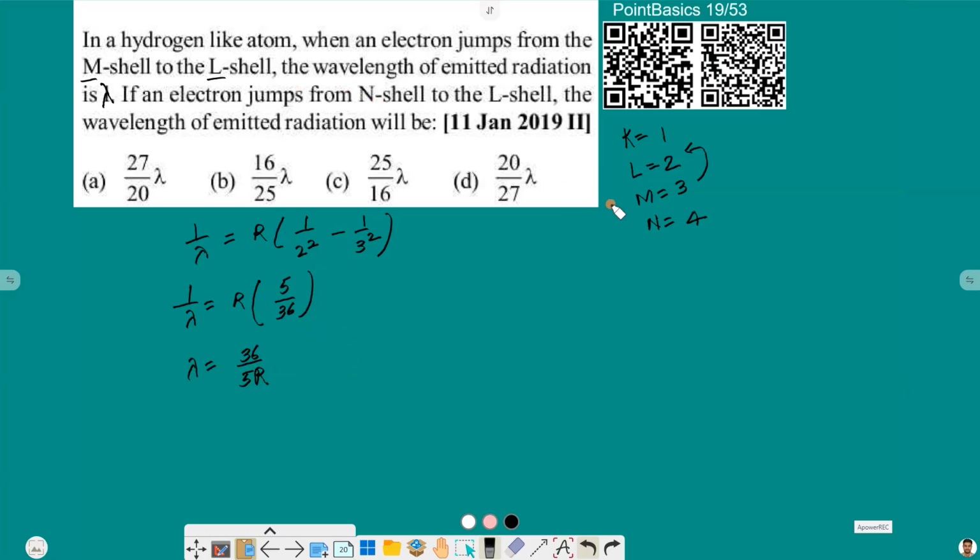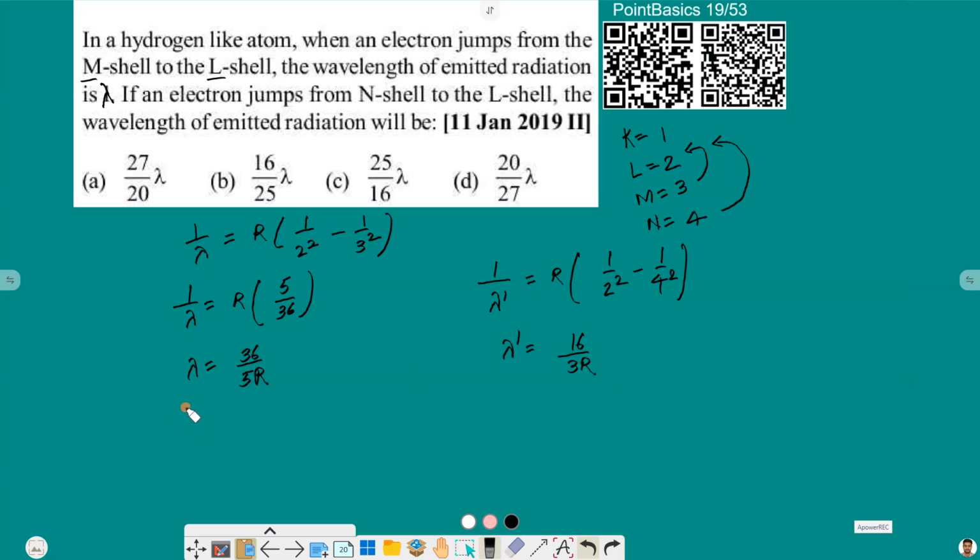Now going from the N to L shell, that will be a transition from 4 to 2. So for that, let's say the wavelength is lambda dash, that will be R times 1 by 2 square minus 1 by 4 square. When we solve this, lambda dash will be 16 by 3R.